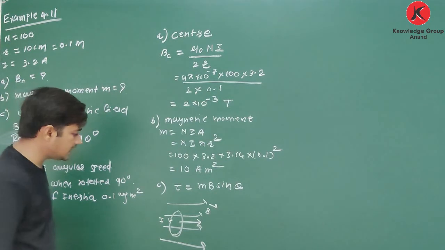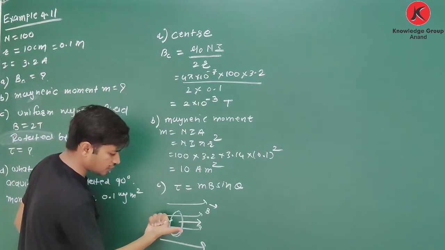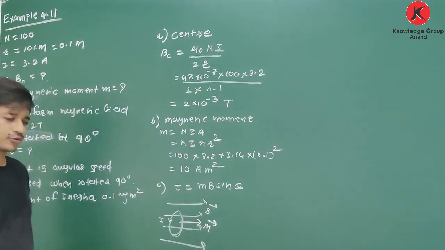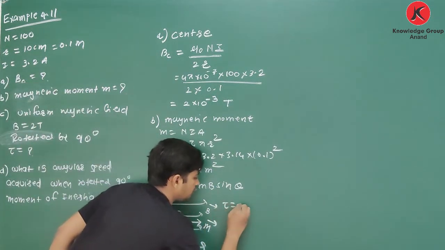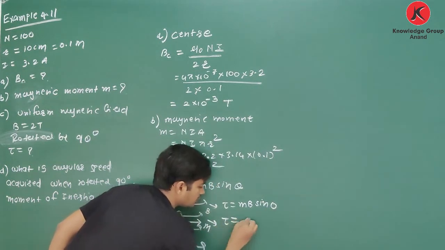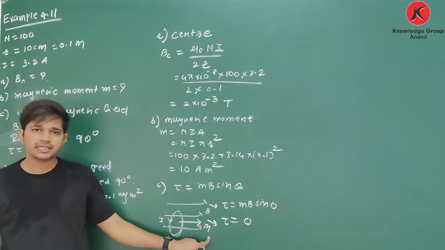Then what happens? As current is going in this direction, wrap fingers in the direction of current. The thumb indicates the direction of magnetic moment. Clear about this? Then see, M and B are in the same direction. So tau is equal to MB sine 0. So therefore torque is equal to 0. Clear about this? Understand this again.